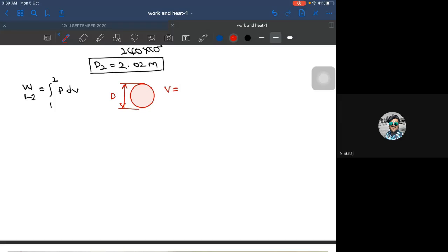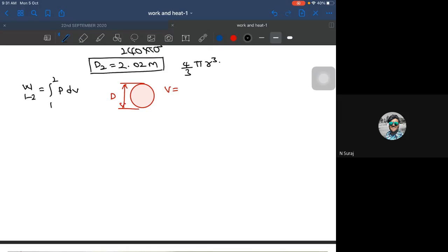What is the volume of a sphere? Yes, guys. 4 by 3 pi r cube. Okay, fine. At least you have said something, so let me take it. So 4 by 3 pi r cube.